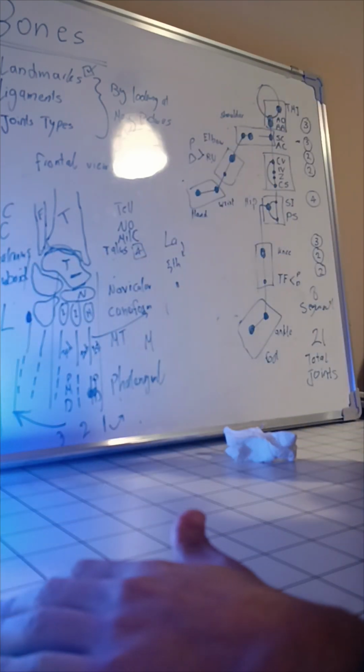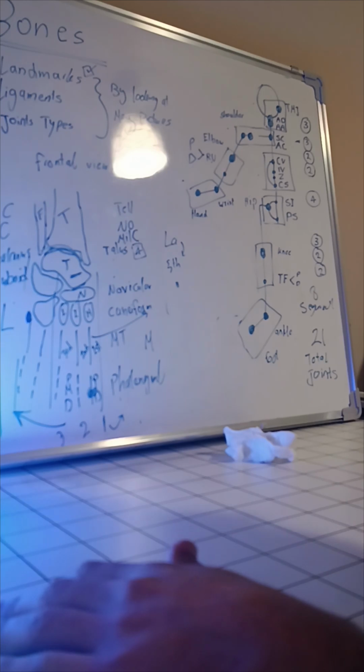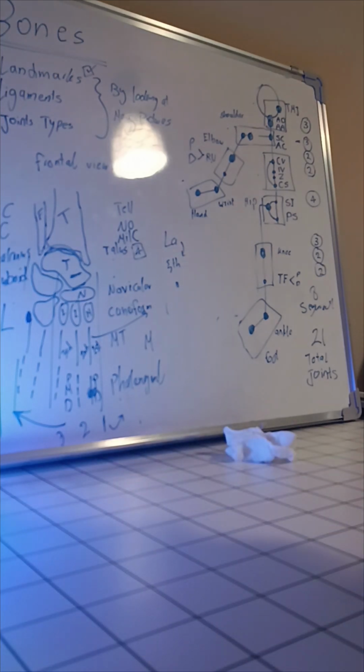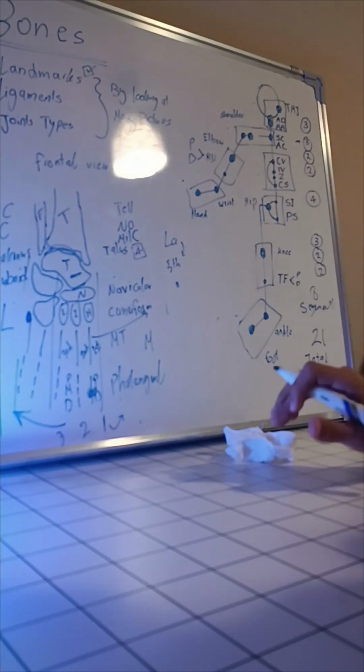Medially, there is the sustentaculum tali, and we're also going to have the tuberosity. Also the tuberosity of the first metatarsal bone. You can also feel it. That's pretty much it for the landmarks.